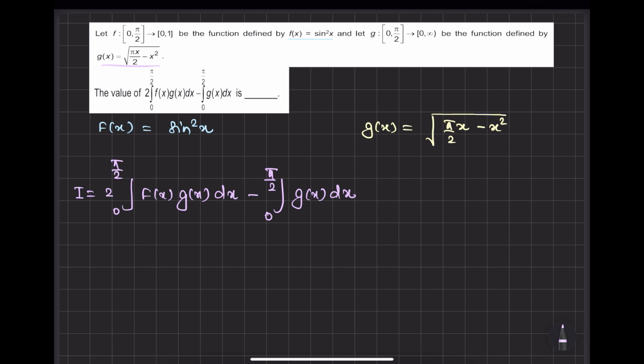So what does that King's rule say? Add upper limit and lower limit and then replace x with the sum of upper limit and lower limit minus x.